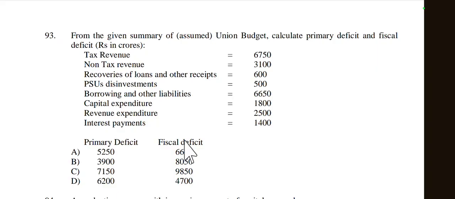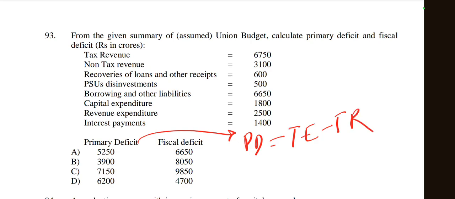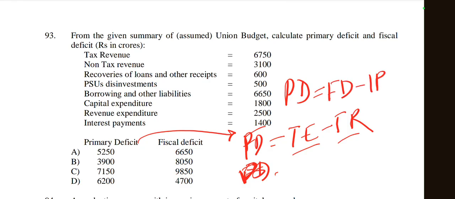Fiscal deficit is equal to total expenditure minus total revenue, and the formula for primary deficit is equal to fiscal deficit minus interest payment.